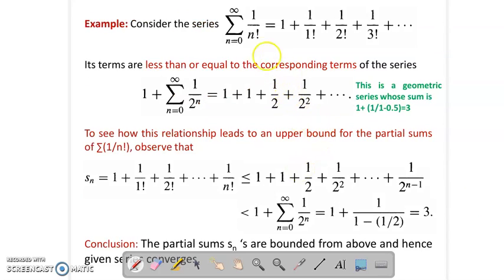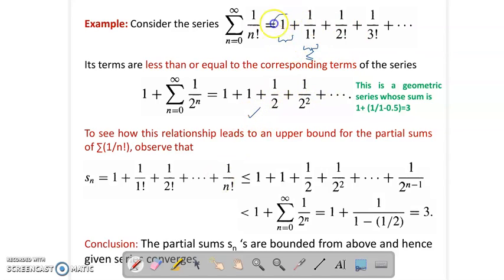Consider this example: summation 1 by n factorial, where n varies from 0 to infinity. So this is 1 plus 1 by 1 factorial plus 1 by 2 factorial, and keep on going like this. Now each term of this series is less than or equal to the corresponding term of this series.